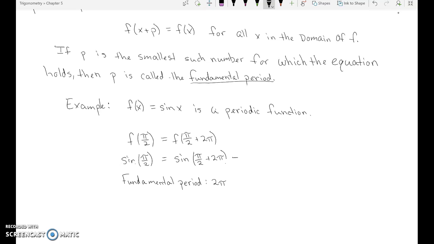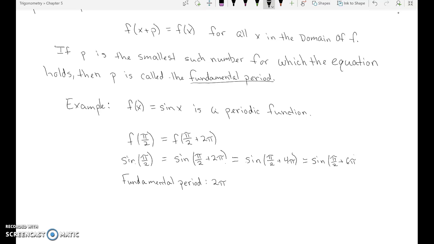Because notice up here, I can also say that this is the same as sine of pi over 2 plus 4 pi. I can add on 4 pi and it gives me the same thing, go twice around the circle. Or I could use 6 pi, I could go 3 times around the circle.